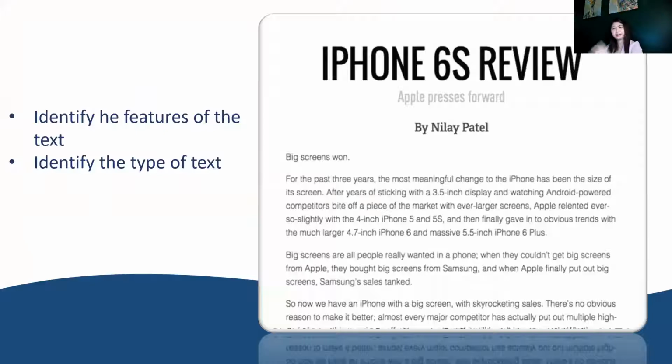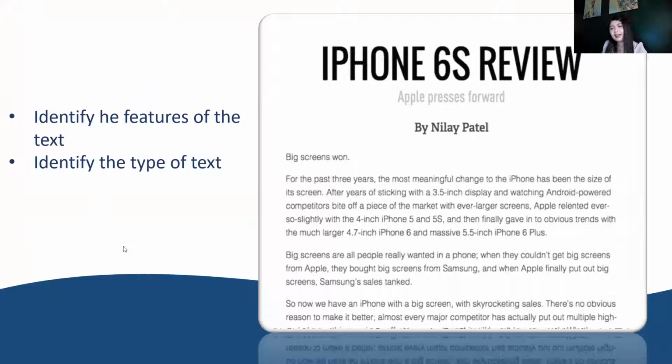The first thing I would like us to do is look at the picture here, the text itself, and identify the features of the text and the type of text. I'll give you just 1 minute to look at it.